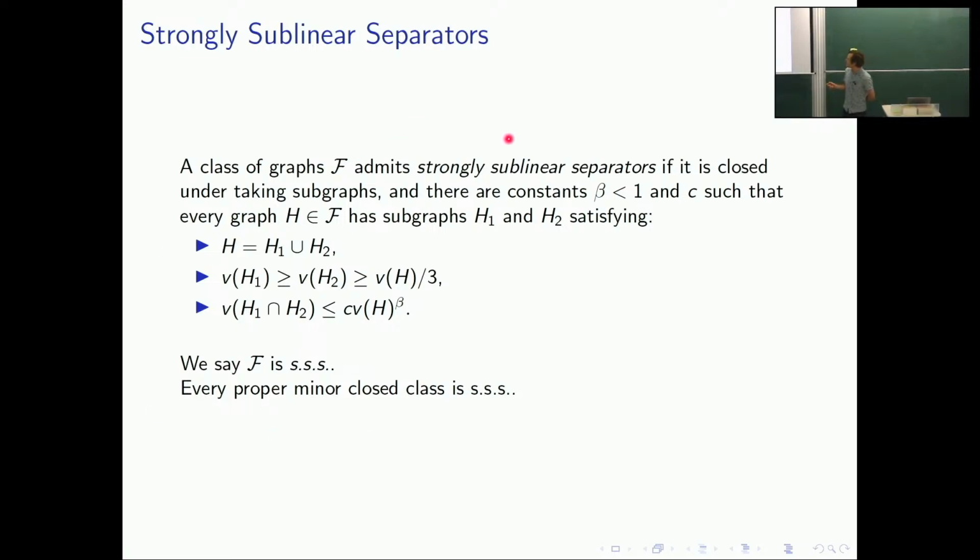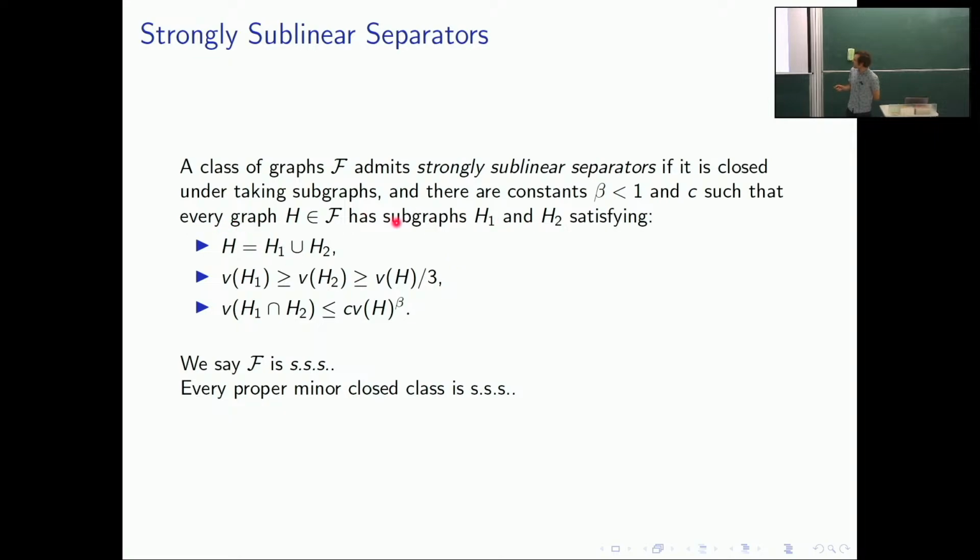But also, there need to be constants beta strictly less than 1, and some positive constant c, such that every graph from the class has what's called a balanced separator of low order. So what is a balanced separator?